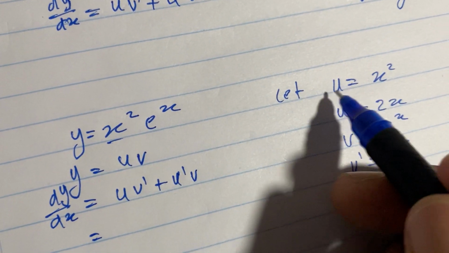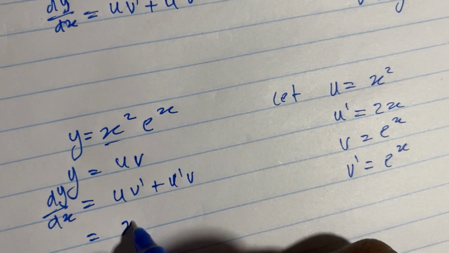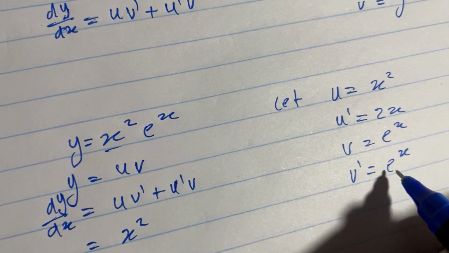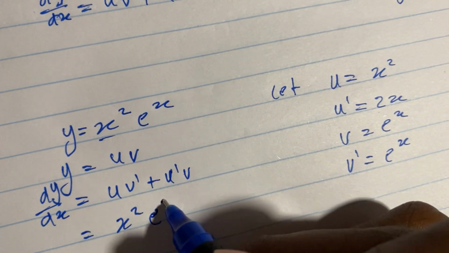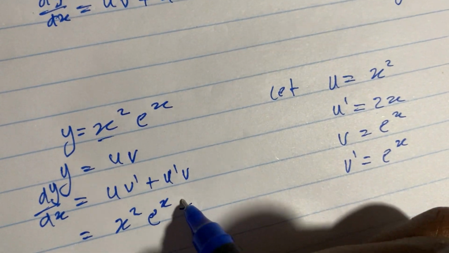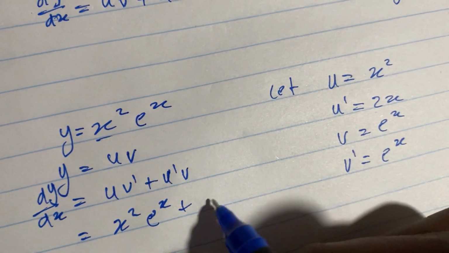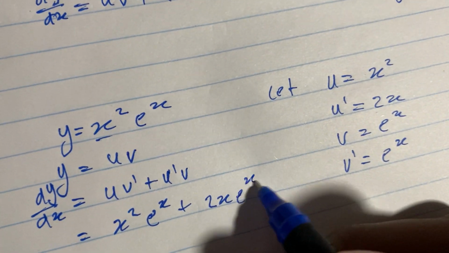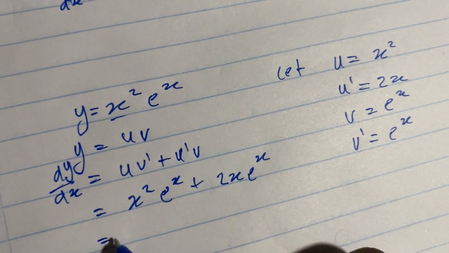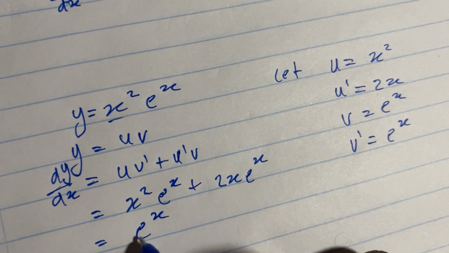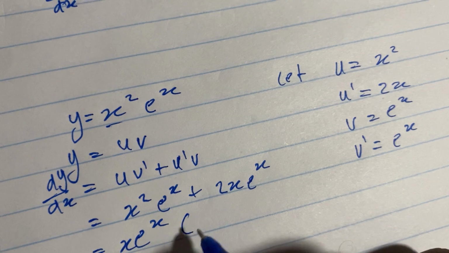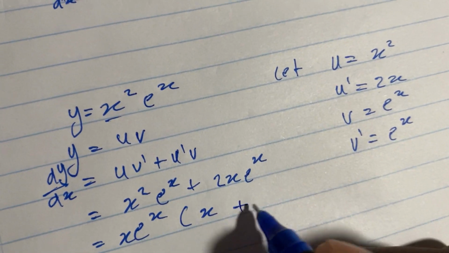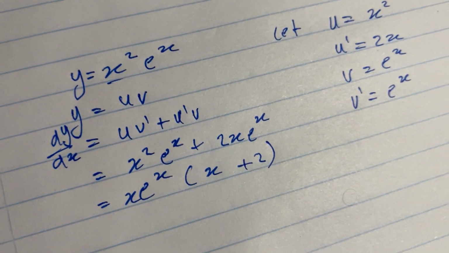Let's substitute it. u equals x to the power of 2, and v prime equals e to the power of x, plus u prime, which is 2x, and then v equals just e to the power of x. So this was a simple one, and you can simplify it: take out e to the power of x, and then you have x squared plus 2x. So that will be your final answer there.